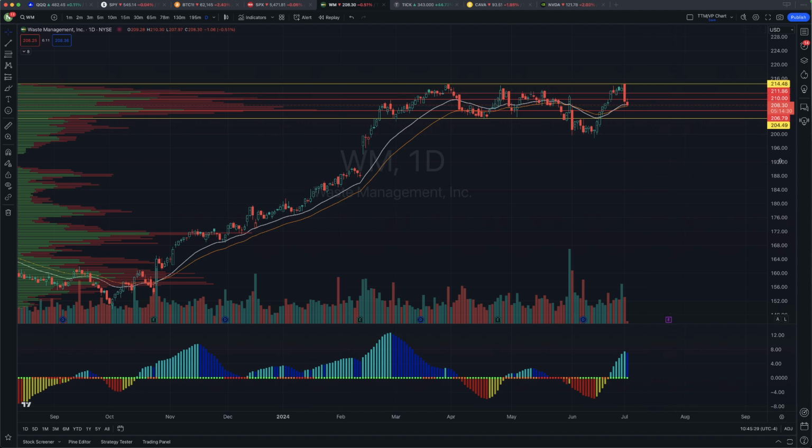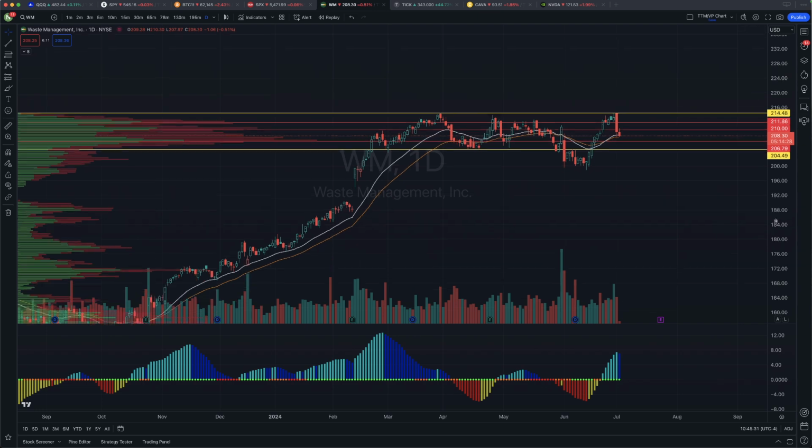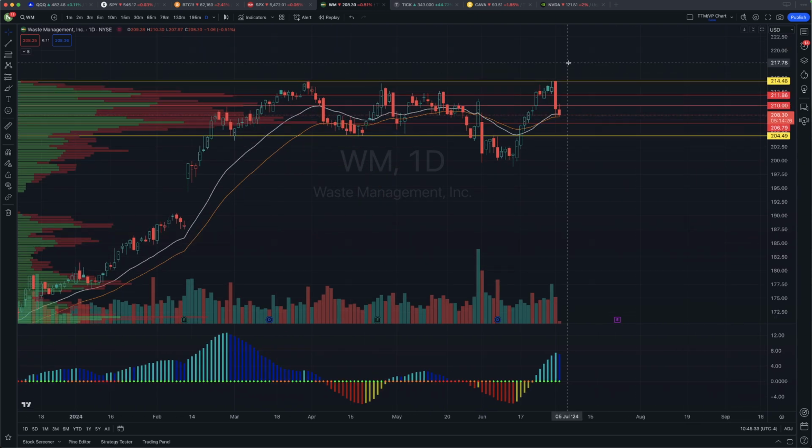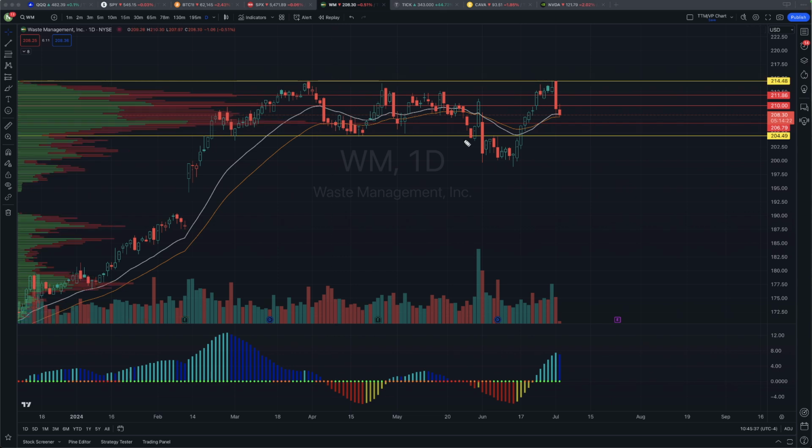The only thing that happened is it worked its way up here, hit its predetermined resistance spot. We could have, if we drew this chart out, seen that this was a high probability of a resistance spot, and it's pulling back.